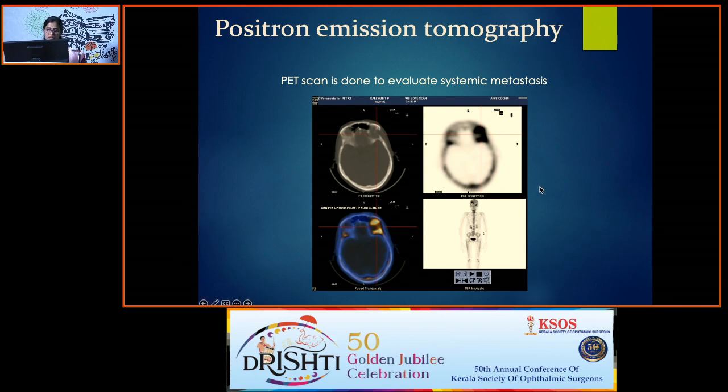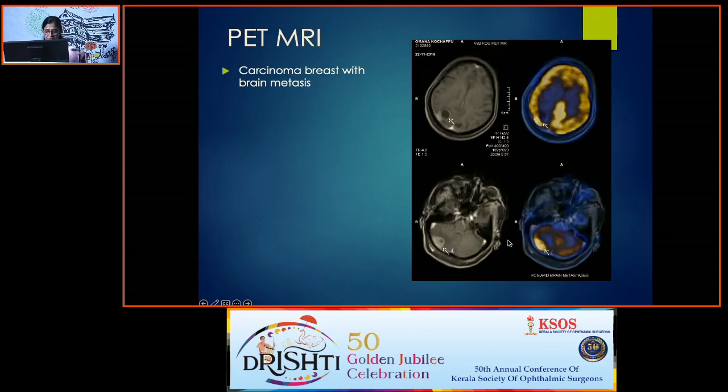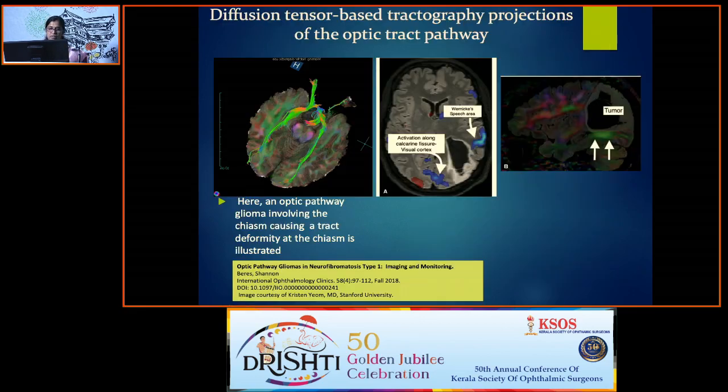Above you see the normal conventional CT picture where you see the lesion. In PET CT, it is taking up that detail. And PET MRI is also helpful in localizing the metastatic lesion.